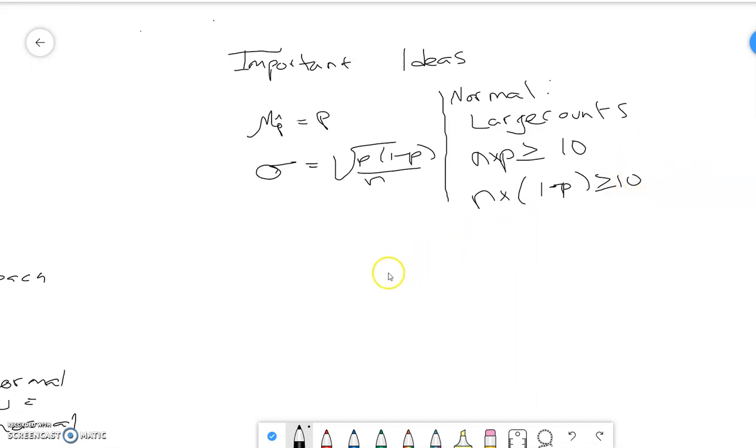That's a quick way to tell if you have enough samples. So if I did 25 samples times 0.4, I would get exactly 10. So mine was barely big enough. Bigger is better.